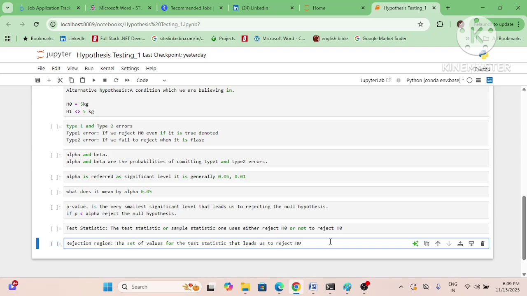The non-rejection region is the set of values not in the rejection region that leads us to not reject the null hypothesis. These are the critical values. The critical values, based on a test statistic and given alpha, we may find from the standard normal curve table. While doing hypothesis testing, I will explain how to take critical values, and critical values separate the rejection region and non-rejection region.